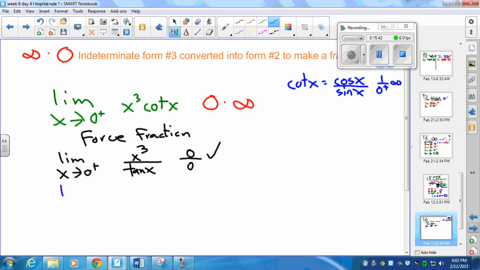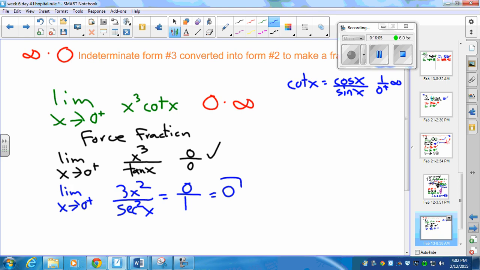So I can go again. 3x squared over secant squared x. Okay, plug in 0 now. I get 0 over 1, which is 0. Oh wait, secant squared. Yep, cool. So I get that to be 0.